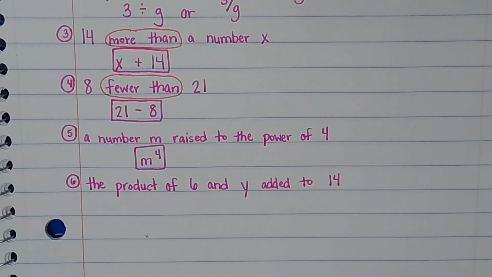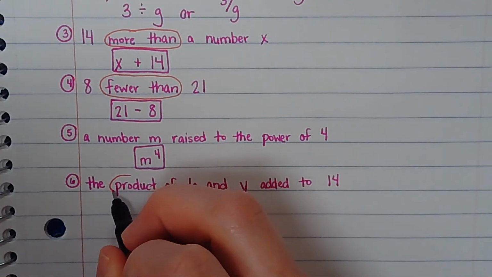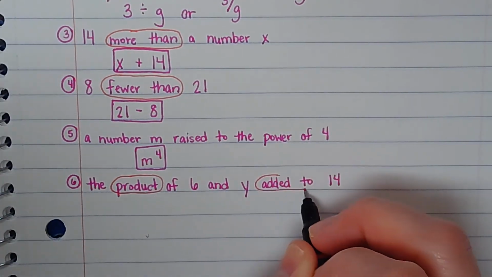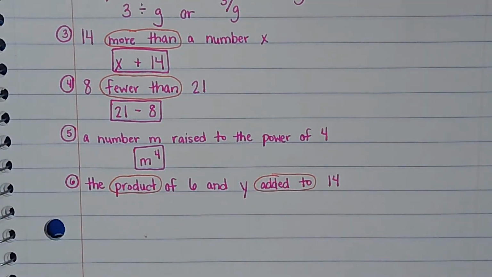Right, so let's circle what's important. So I've got the word product, and I've got added to. All right, so there's two things going on here, which is fine, okay? You just have to make sure you put them in the right order. So it says the product of 6 and y added to 14.